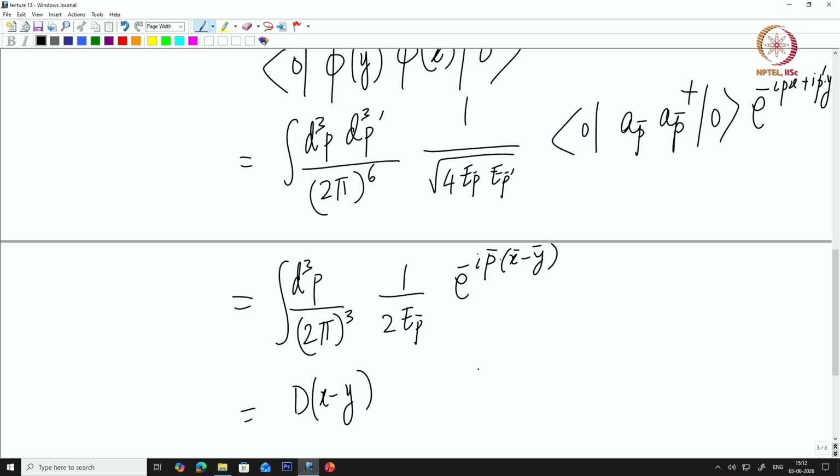So, this function is called the propagator.